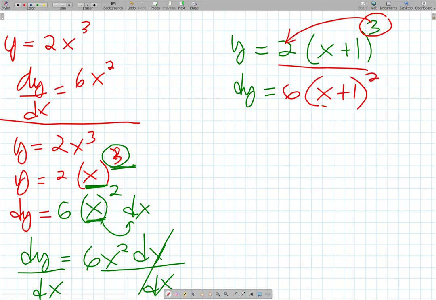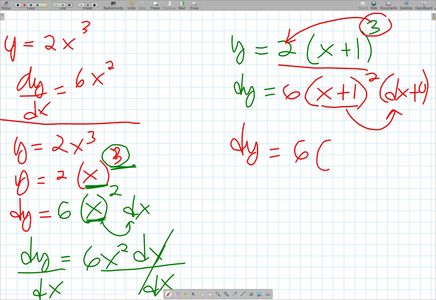So after that, you have to derive this one. What is the derivative of x? dx times, and then plus the derivative of 1 is 0. Then you close. So dy is equals to 6 times x plus 1 squared, and then dx plus 0 is dx.